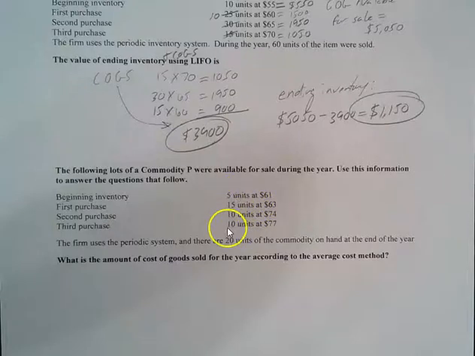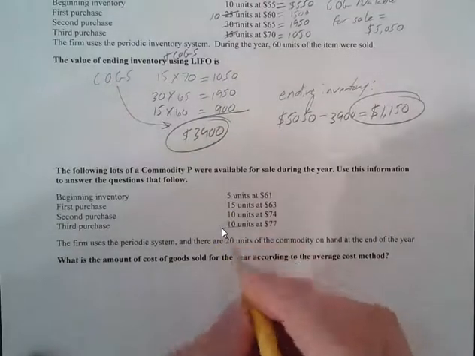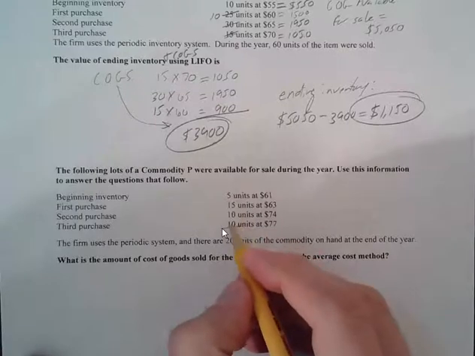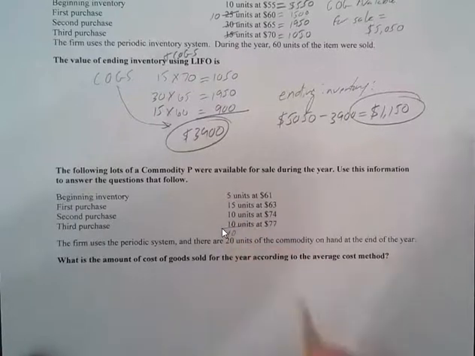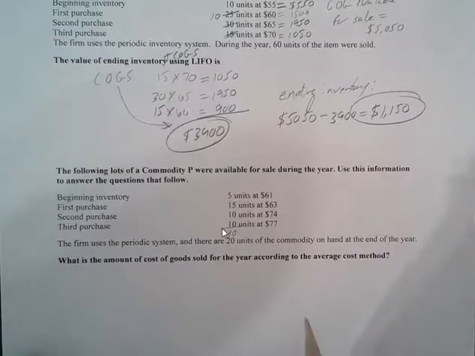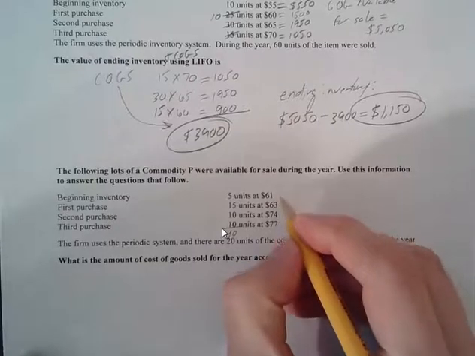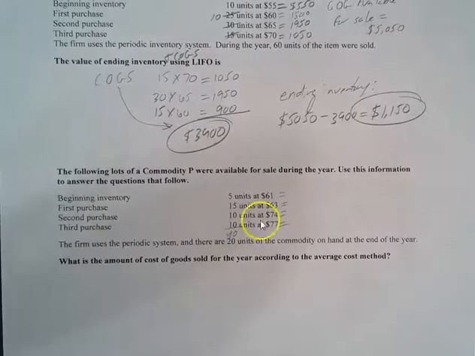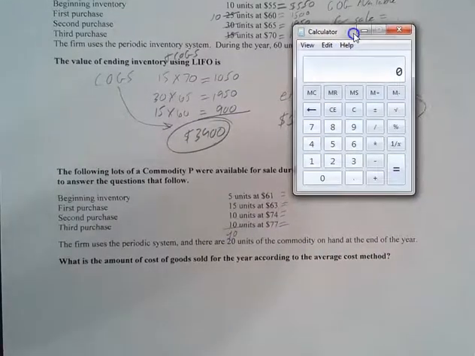So the first thing is we're going to add up the number of units here. And it looks like if we take 5 plus 15 plus 10 plus 10, we have 40. Okay? Then let's bring our calculator back over here.